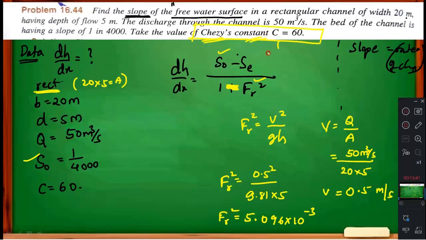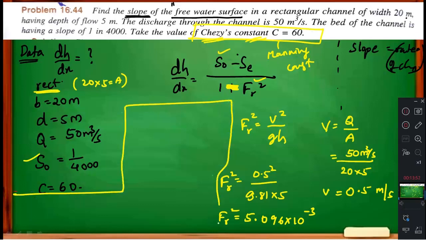If they give Manning's constant, everything will be the same. If it is given as Manning's constant, then they will give you n is equal to 0.003 or something like that. This is your Manning's constant.